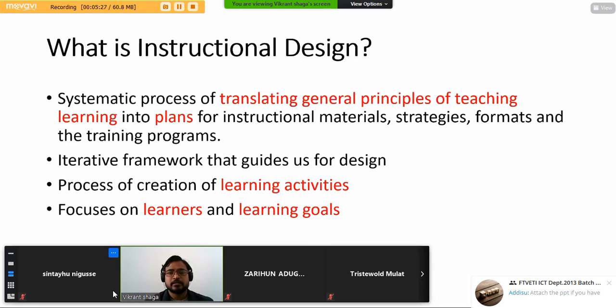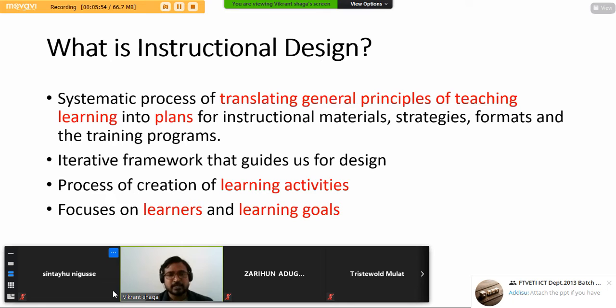It is similar to a simple example I can give you: how you people are designing your course outline. It is the same way as instructional design. We have some separate sections when you are designing a course outline. The title section consists of information about your course, the course objective, course outcome, lesson plan.